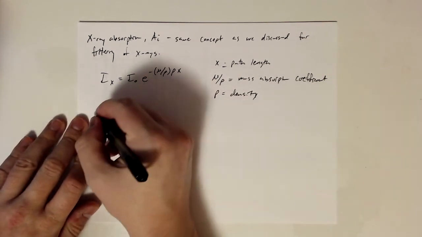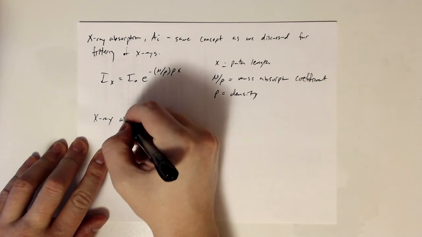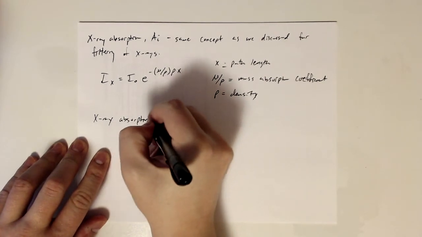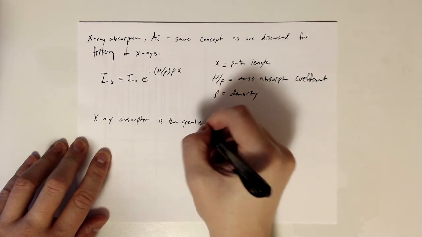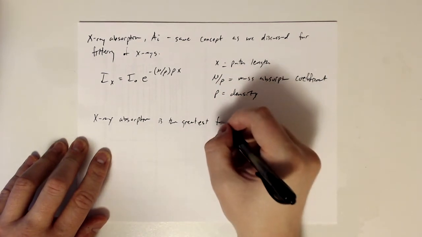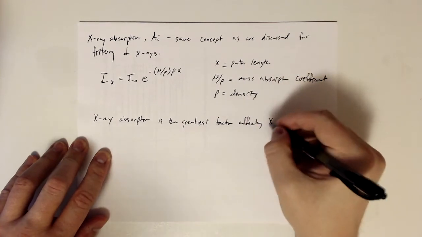So it turns out that this X-ray absorption is the greatest factor. So it contributes the most to X-ray intensity.